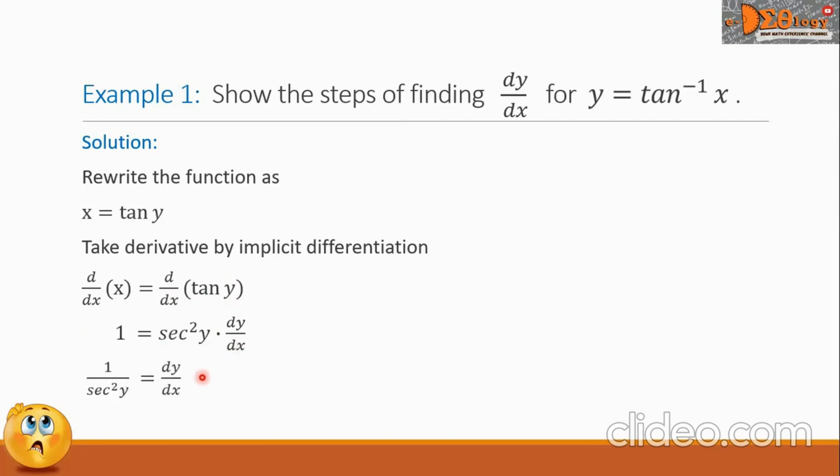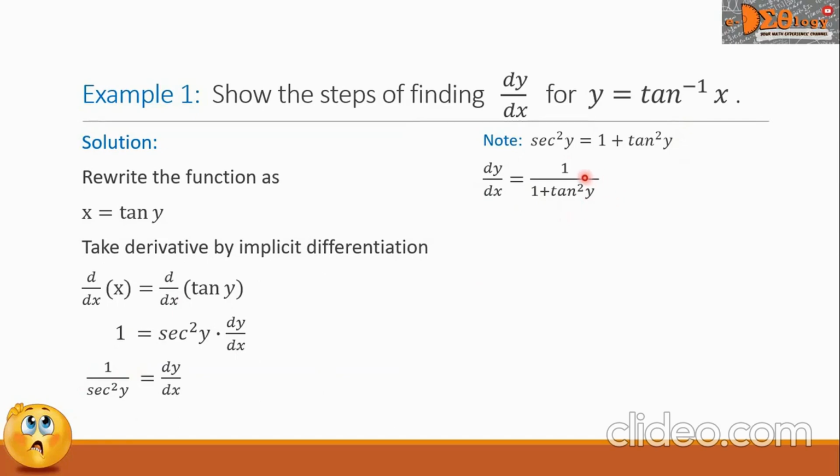So the value of dy over dx now becomes 1 all over secant square y. Take note that the secant square y equals 1 plus tangent square y. We will substitute this value in here. So dy over dx is equal to 1 all over 1 plus tangent square y.